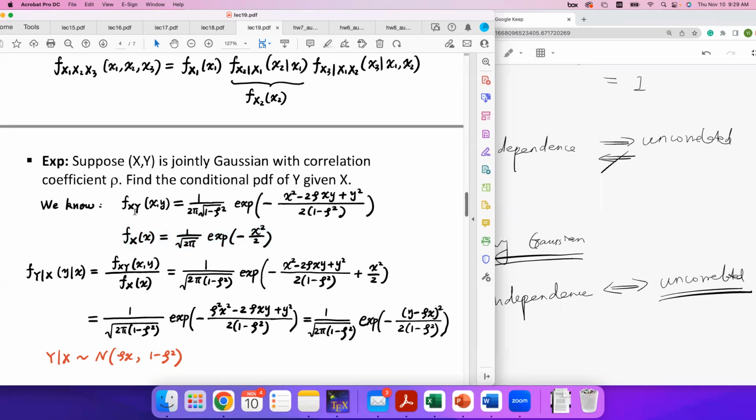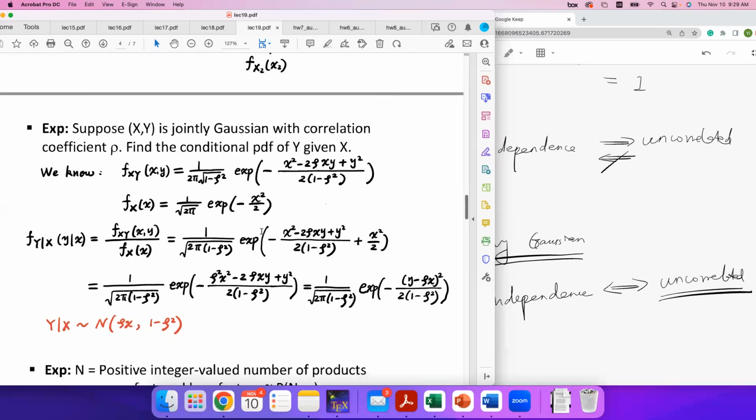Now, given these two, we can compute the conditional PDF of y given x, which by definition is the joint PDF over this marginal PDF. Now you just divide these two big exponentials. So you get this one.